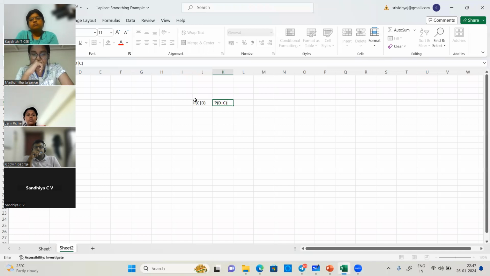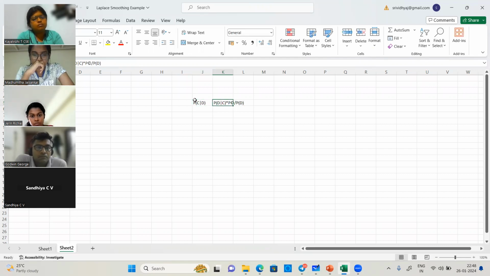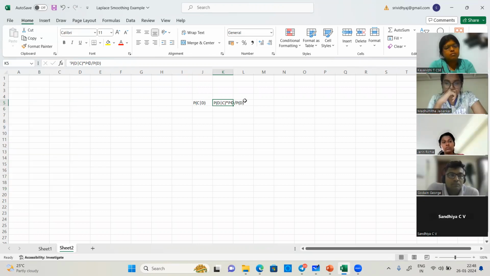It's probability of D given C multiplied by probability of C, divided by probability of D. So that's basically Bayes theorem. I hope you guys are comfortable with this formulation.